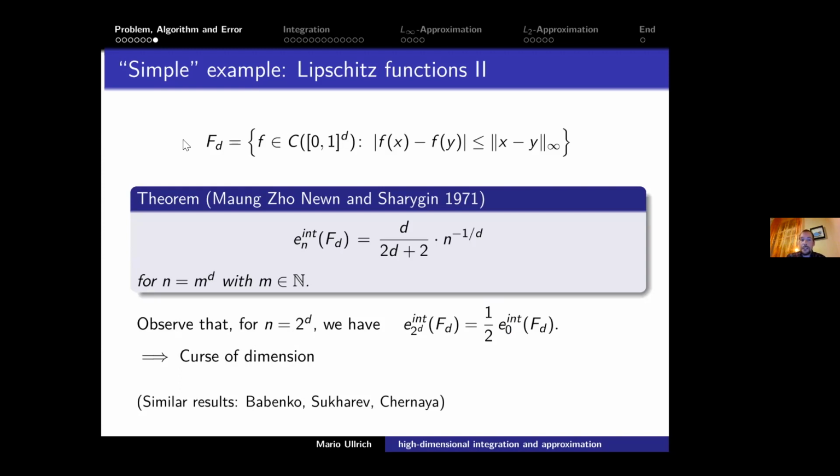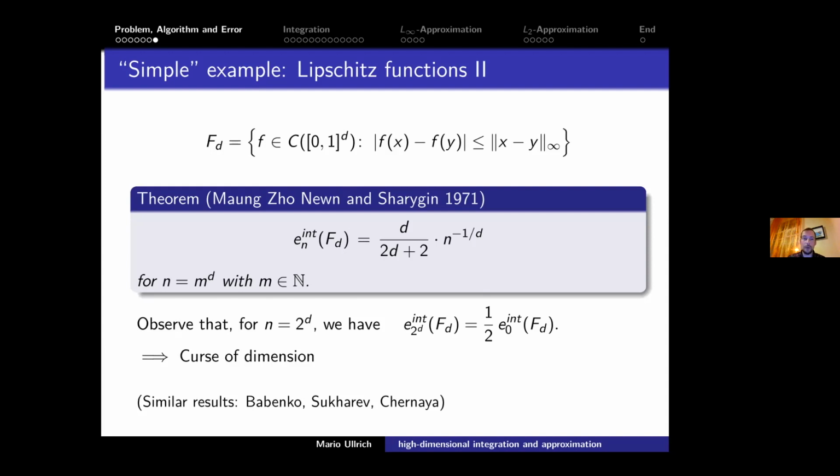If you want to have a very high dimensional problem and you really want to solve it on a computer, then this class is just too big, because exponentially many function evaluations are just bad. There are many similar results by colleagues such as Babenko, Sukharev, and Chernaya using different Lipschitz constants and so on. So there are quite a lot of results.